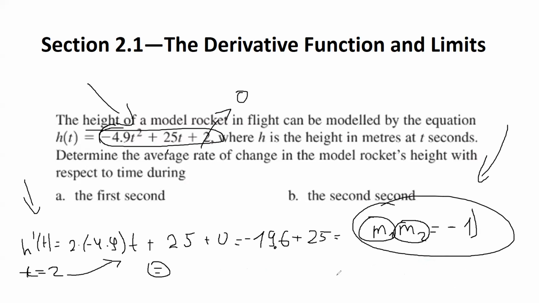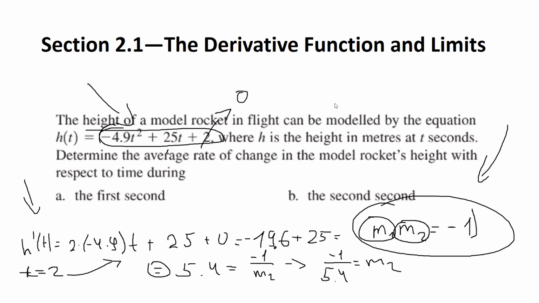If you know it, it's so easy. 5.4 equals minus 1 over m2. Next step, minus 1 divided by 5.4 equals m2. You see, you don't even need to evaluate anything. That's easy. Okay, great. Let's move on.